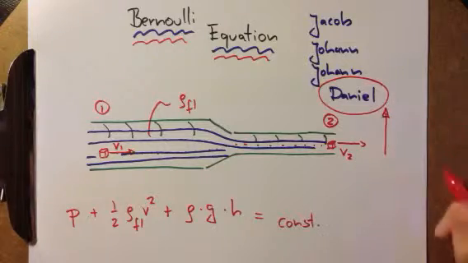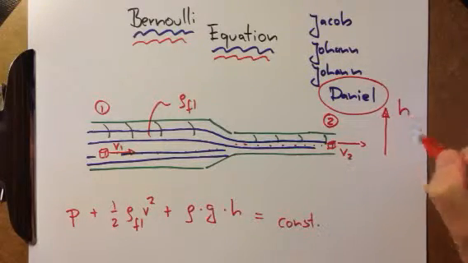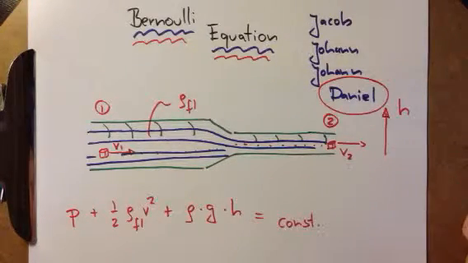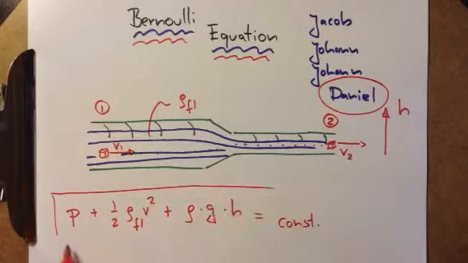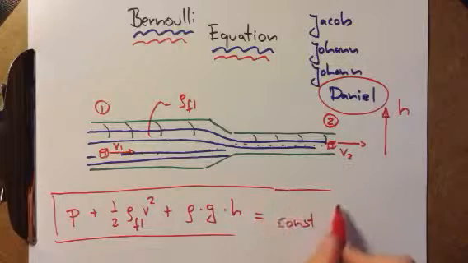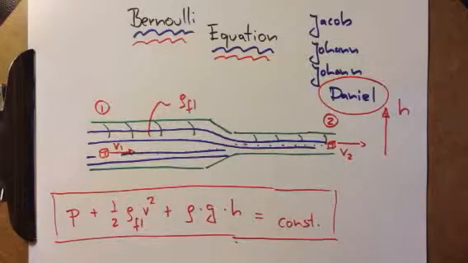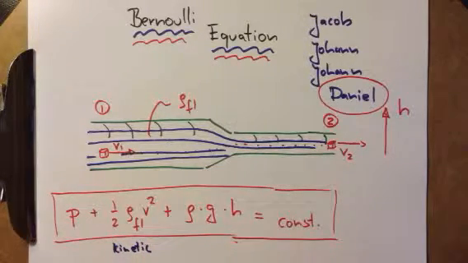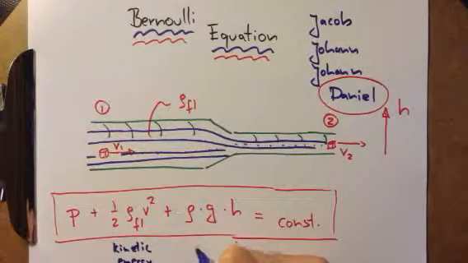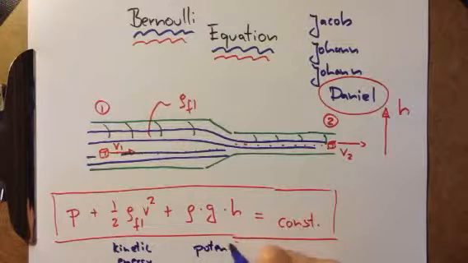So this is a flow in the horizontal direction, so our height scale is up the paper. And you can see that this looks very similar to an equation about energy. And in fact, this term is related to the kinetic energy. In fact, it is the kinetic energy of this tiny volume element. This is the potential energy.